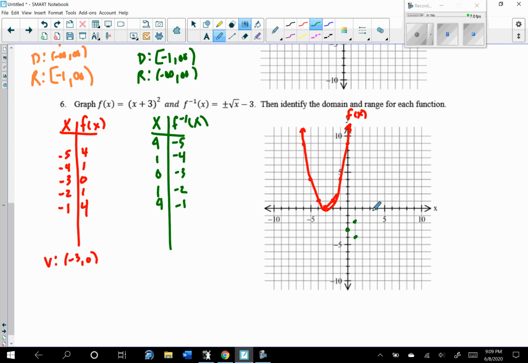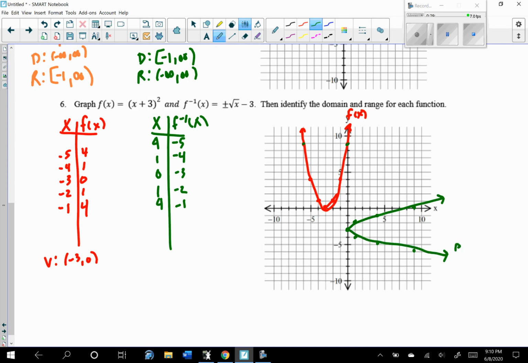And then we have 4, -5, and 4, -1. And if we use this point and this point, we would have 9, -6, and 9, 0. And that is my inverse graph.